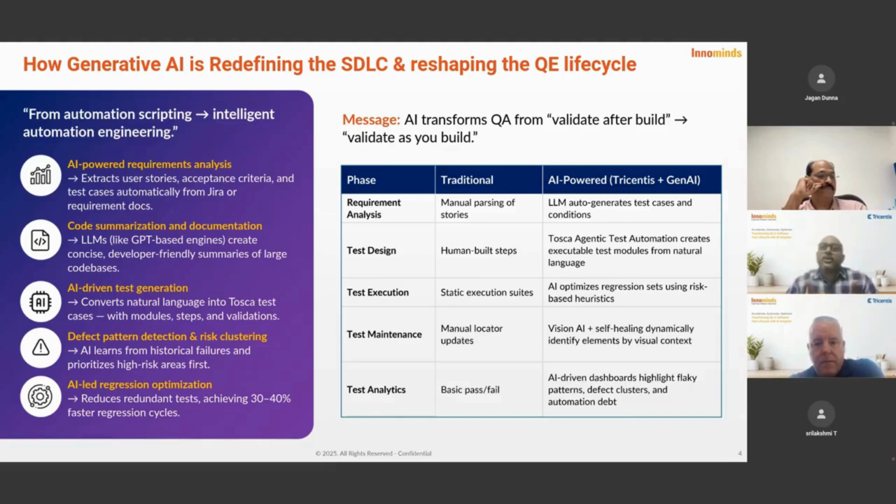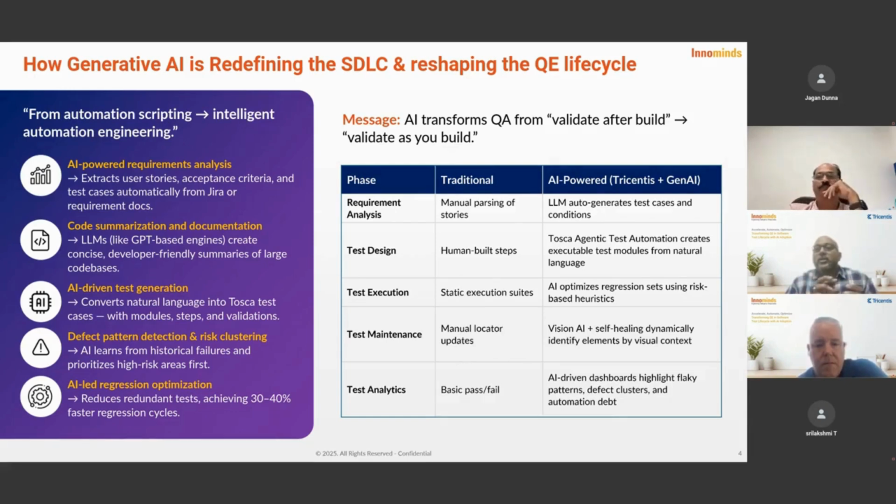Similarly, in code summarization, suppose you have written a complex framework using model-based architecture and layered architecture in Tosca. If a new engineer joins, it will be really difficult to understand what modules are written, what the action libraries are, how the parameters are passed, and so on.